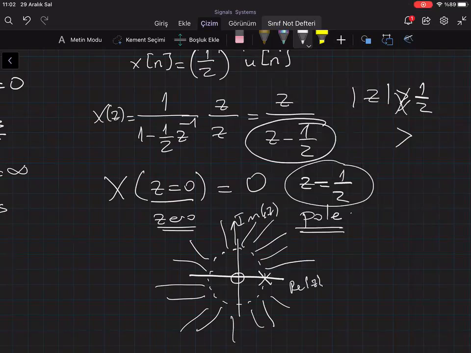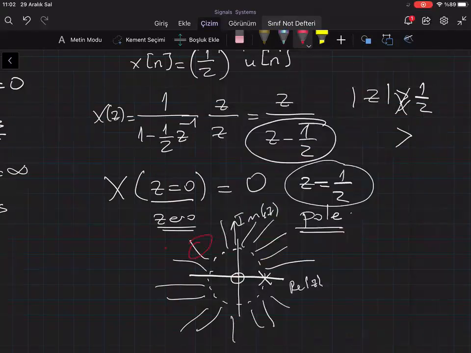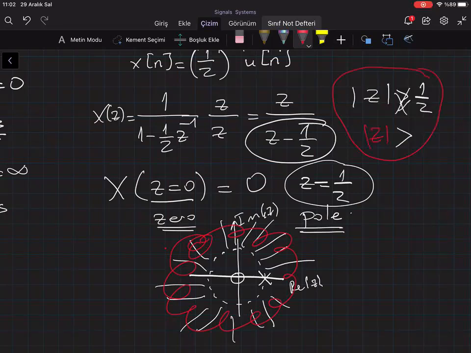Do you understand what I'm doing, friends? So this part is z greater than 1 over 2. And the pole is here. The 0 is here. Okay, for a right-sided sequence, it's the case. You understand what I'm doing, friends?